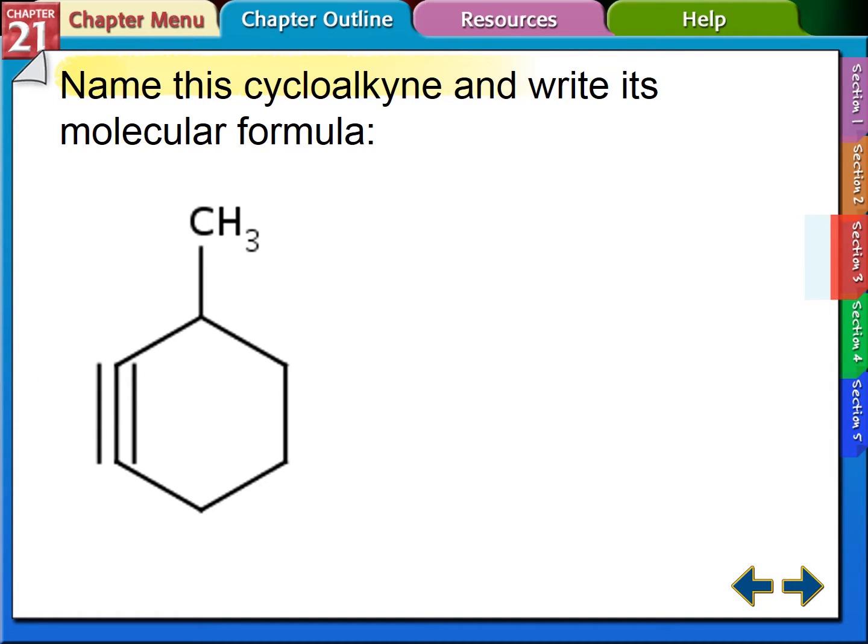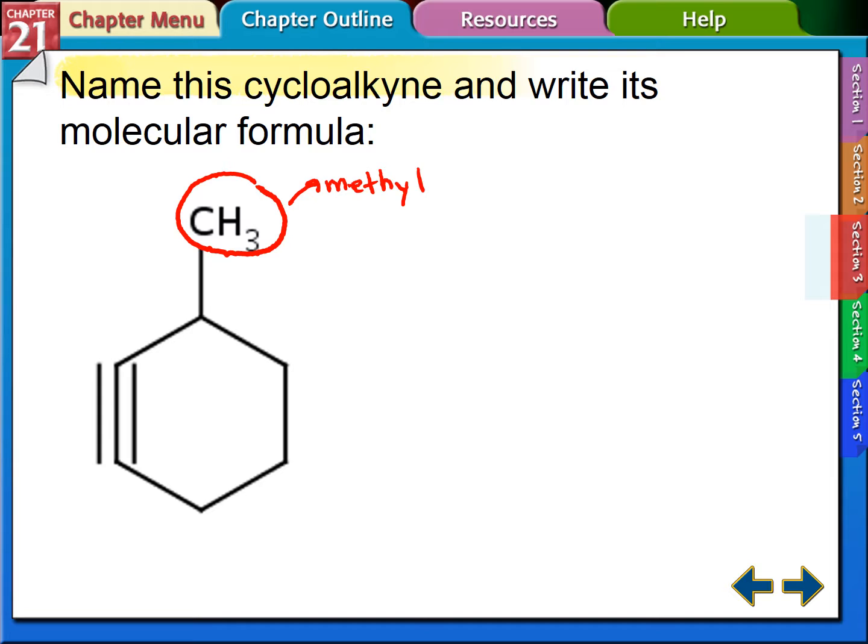Name this cycloalkyne and write its molecular formula. So recall that in naming cycloalkenes, the carbons that contain the double bond should be closest to the substituent. In this case, our substituent here is the methyl, and the carbons that contain the double or the triple bond should be assigned carbon 1 and 2.